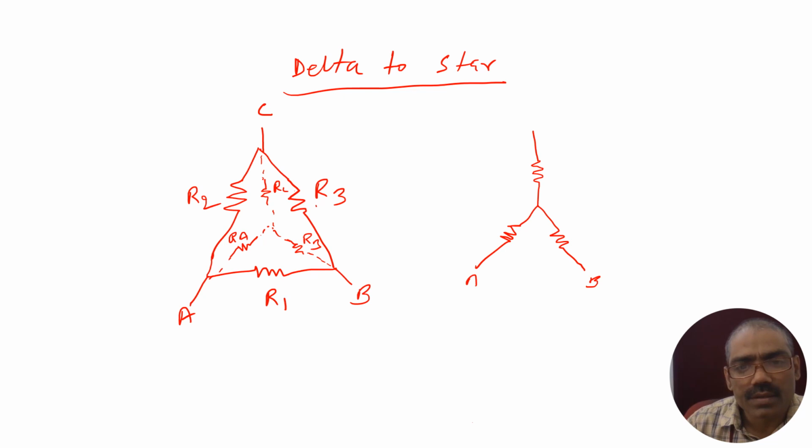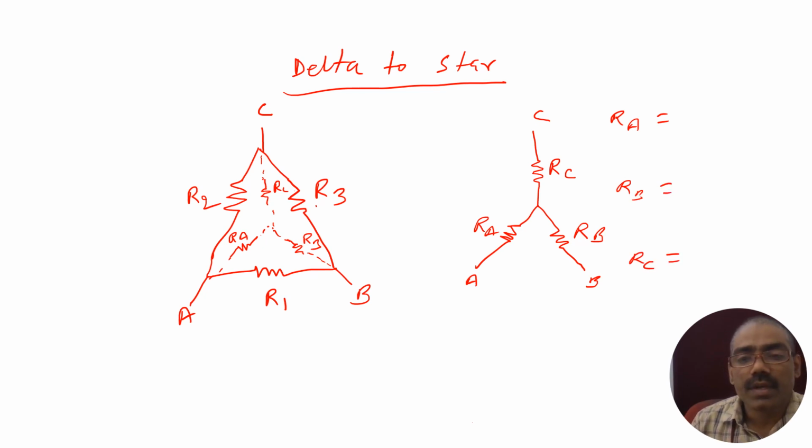This is B, A and C. So this resistance value is RC, this resistance value is RA and this resistance value is RB. Now as we are converting from delta to star, we will have to calculate the values of RA, RB and RC.